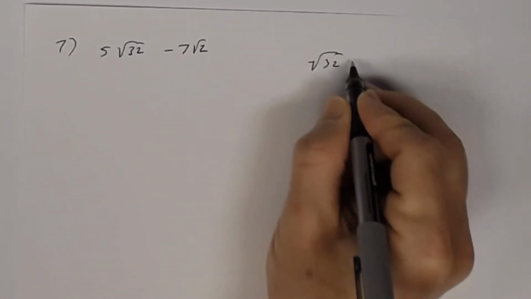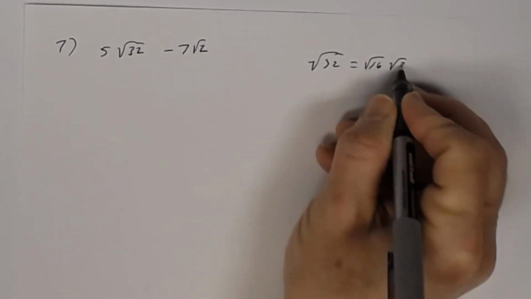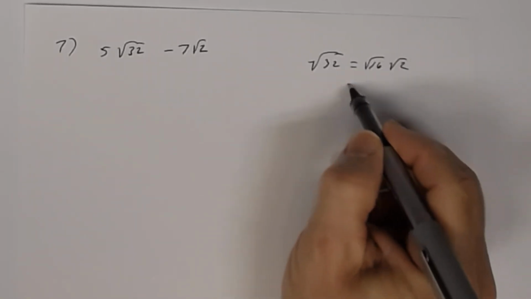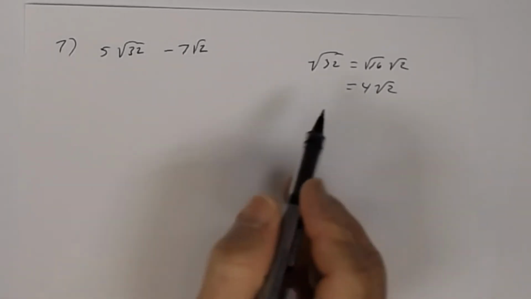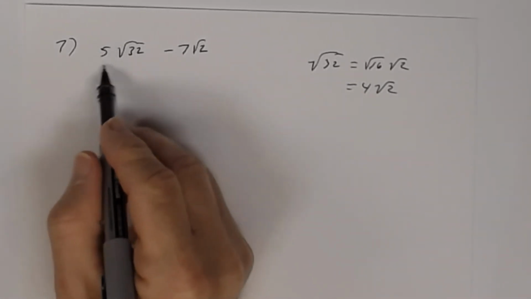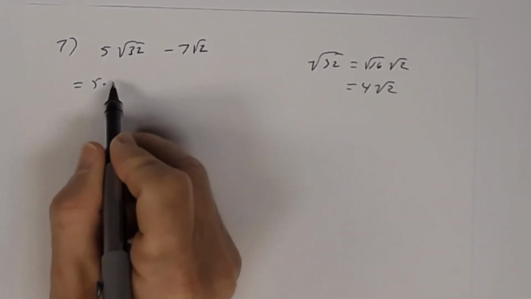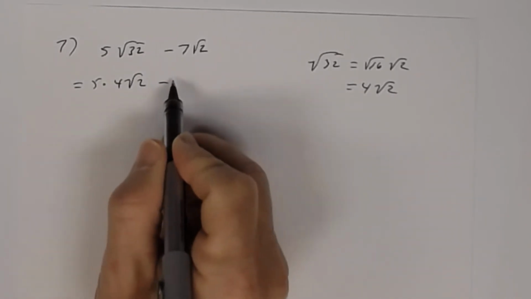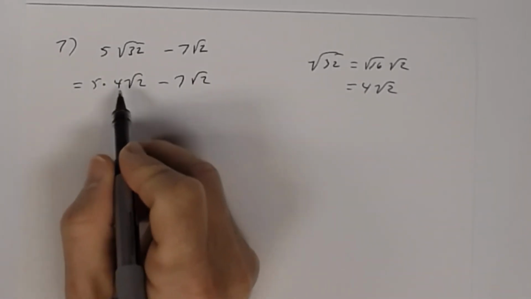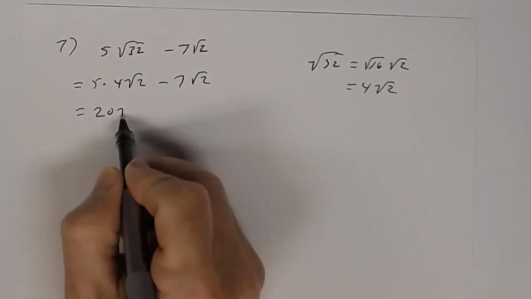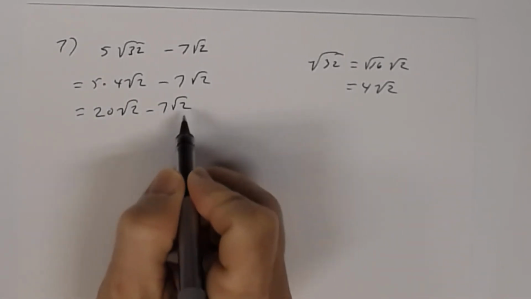So the square root of 32 will be the square root of 16 times the square root of 2. And the square root of 16 is 4, so you get 4 square root of 2. So that is this right here, but that's being multiplied by 5. So you get 5 times 4 square root of 2 minus 7 square root of 2. And 5 times 4 is 20, so you get 20 square root of 2 minus 7 square root of 2.